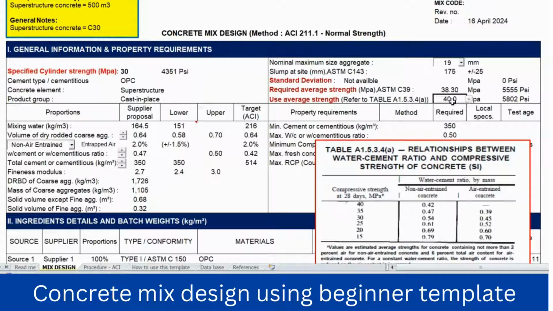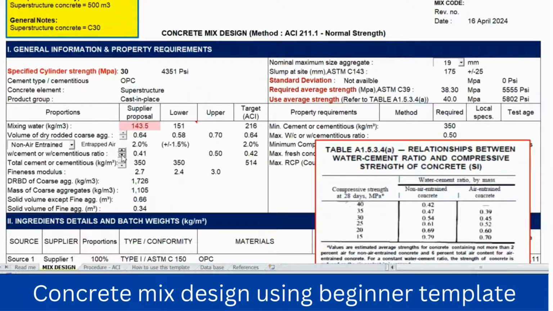So in this example, I tried to use 40 MPa, and the suggested water cement ratio, of course, is 0.42. And as per ACI, it suggests that we reduce it by at least 0.02.